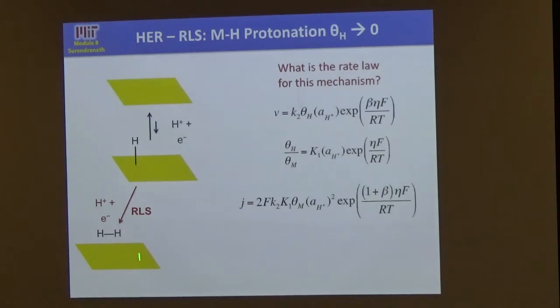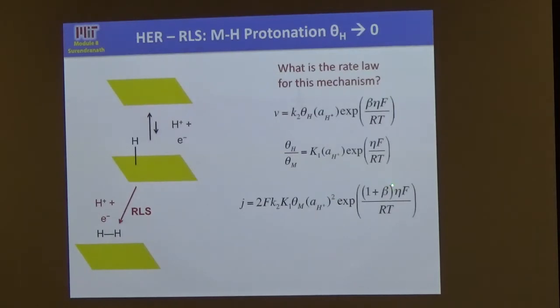We also have another thing that's important to appreciate. Because proton is involved in this step, and proton affects the equilibrium here, we actually now have a second order dependence in the proton activity. So if I vary pH here by 1 unit, I should not expect a 1 decade change in the rate of the reaction, but rather 2 decades of change, because I have a second order dependence in proton.